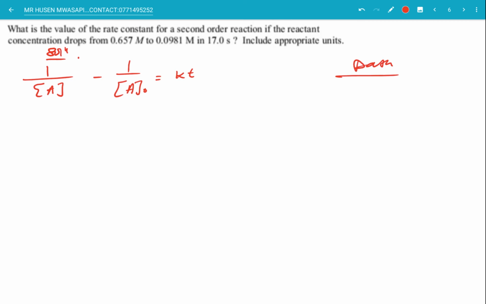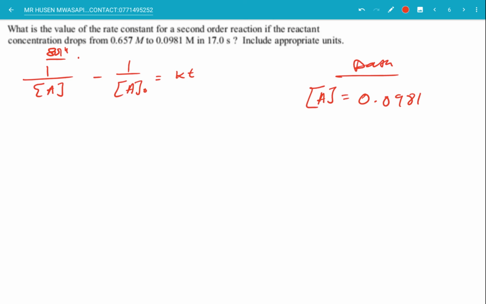Ask ourselves, what is the concentration after some time? Now they're saying, what is the value of K if the reactant concentration drops from 0.657 to 0.0981. So it's the final concentration, which is the concentration after some time, which is equivalent to 0.0981.